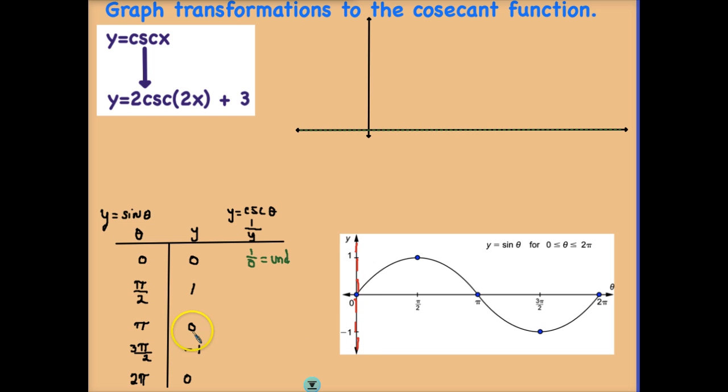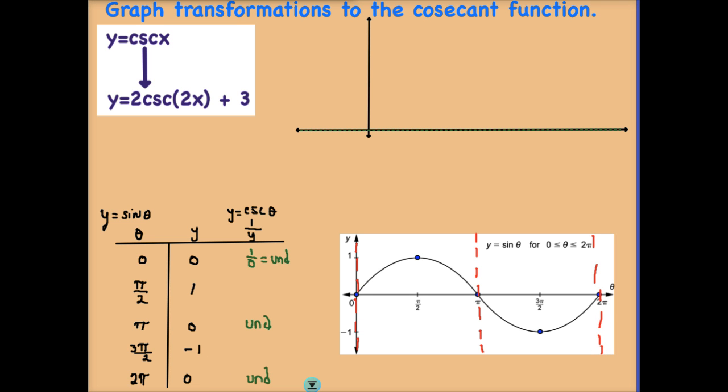In fact, everywhere where we have a 0, such as here, and down here at 2 pi, since these are all undefined, we would want to go ahead and sketch in an asymptote. Notice how I'm using the graph of the sine function to help me graph the cosecant function.